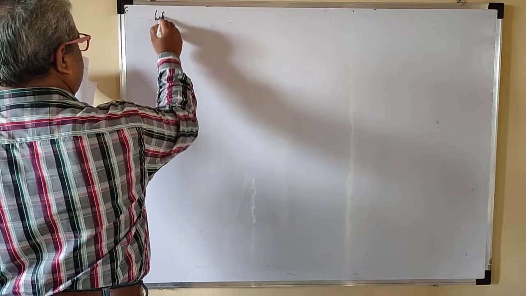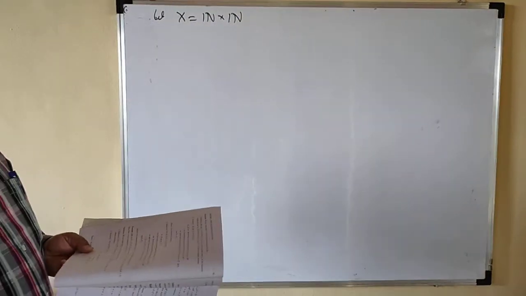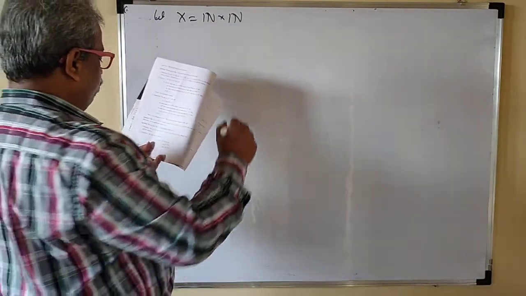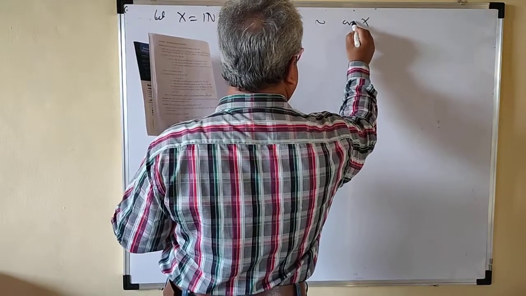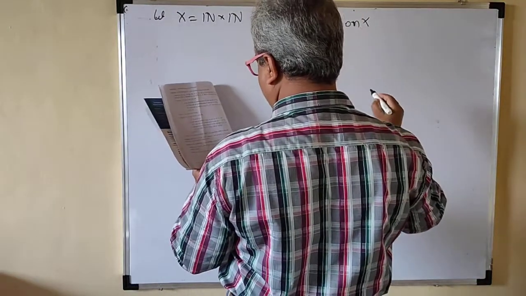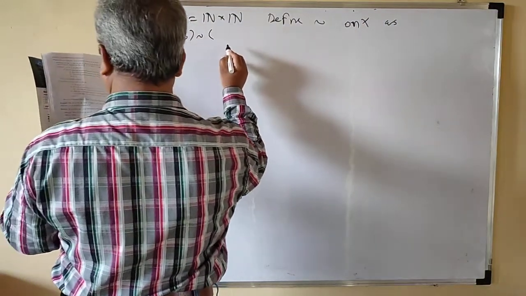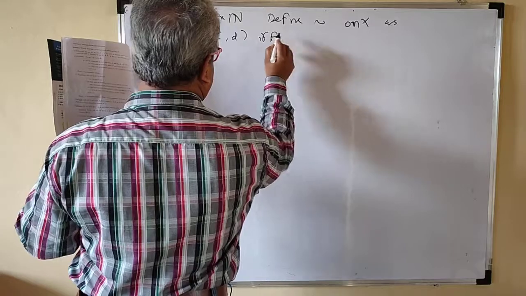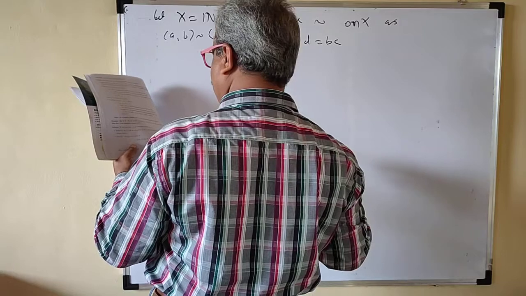Let X be equal to N cross N. N is the standard notation for the set of natural numbers. So X is N cross N. We define a relation on X as (a, b) related to (c, d) if and only if ad is equal to bc.